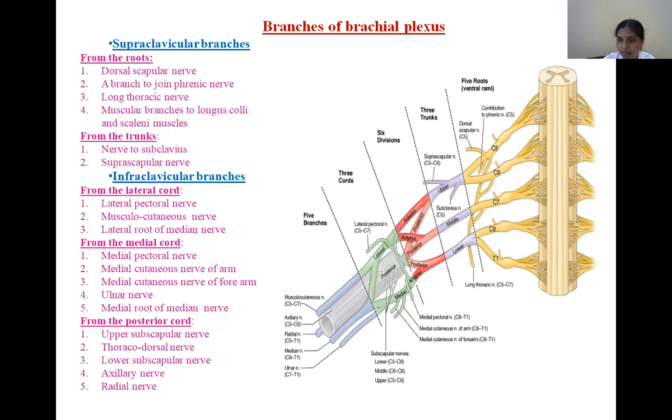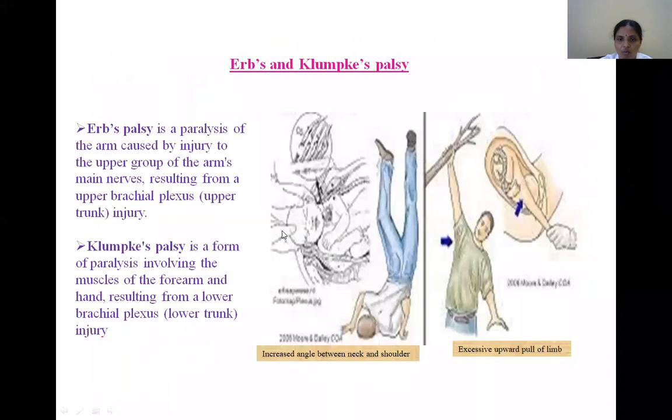Then biceps and brachialis are involved, so there is no flexion at the elbow joint. No flexion means the opposite position, extension. Then brachioradialis is involved, so instead of supination there is pronation. Together this gives the position of the porter's tip hand.